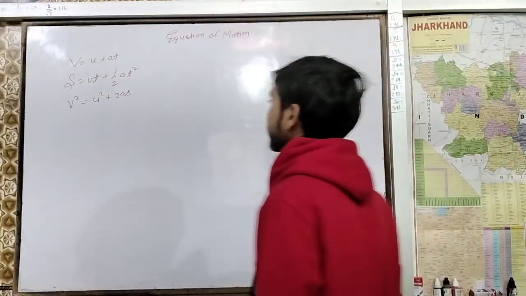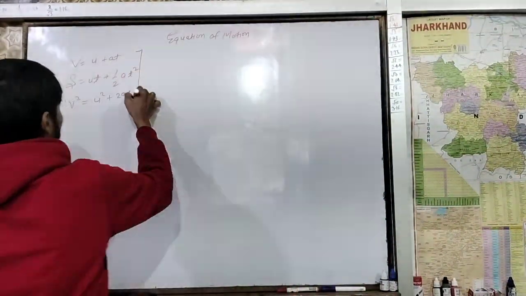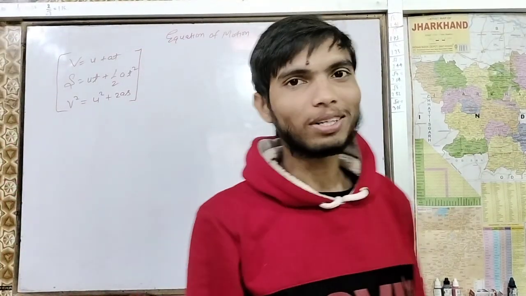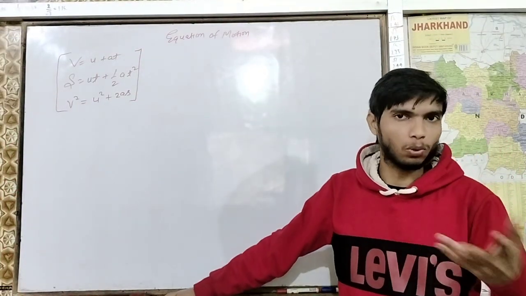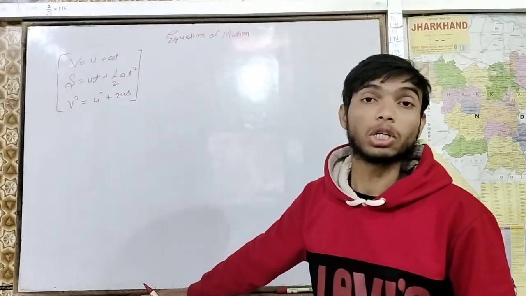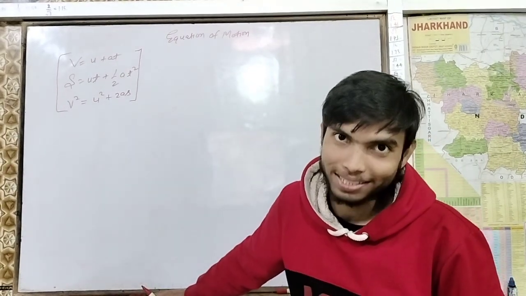These are three equations. It's not difficult to remember. v is equal to u plus at. Third, v square is equal to u square plus 2as.